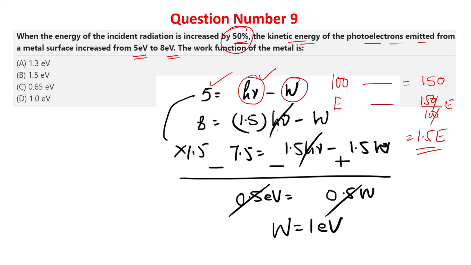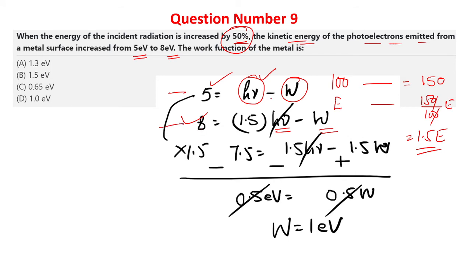When energy is increased to 1.5 E or 1.5 times h nu, work function remaining same, new kinetic energy becomes 8 electron volt.